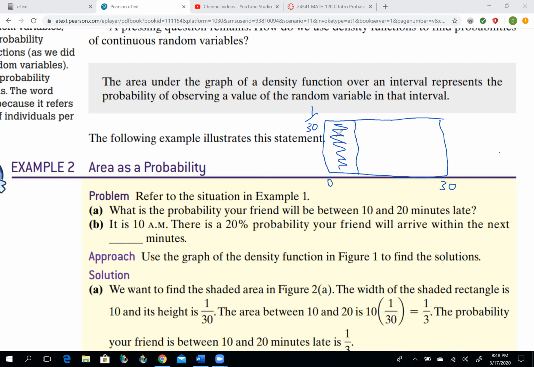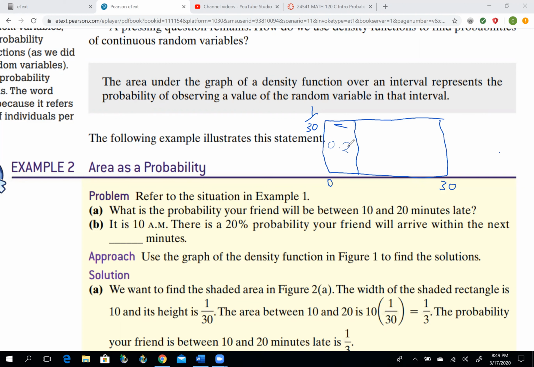And if I convert this to the decimal, this is 0.2, okay?